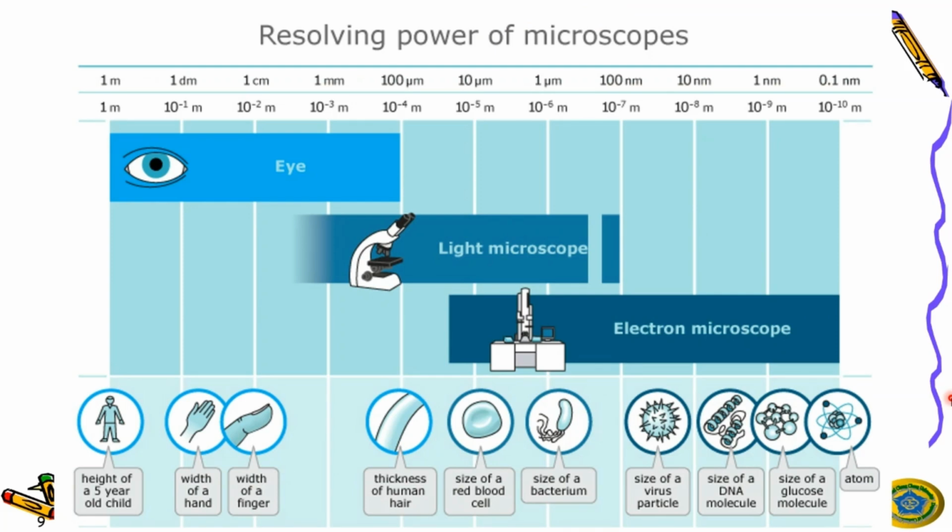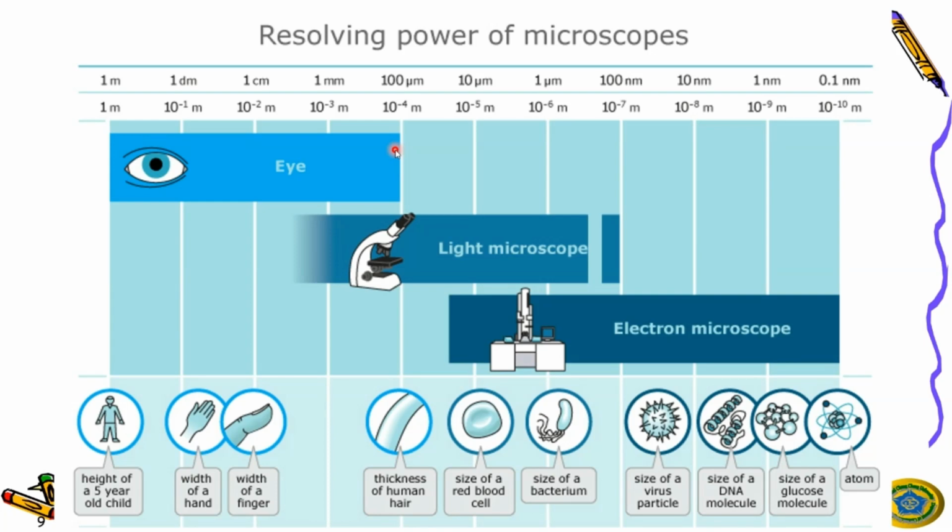This is the resolving power of microscopes. With your eye, you can see something from 1 meter or larger down to about 100 micrometer. Actually, 100 micrometer is very small, so you need very good eyes.